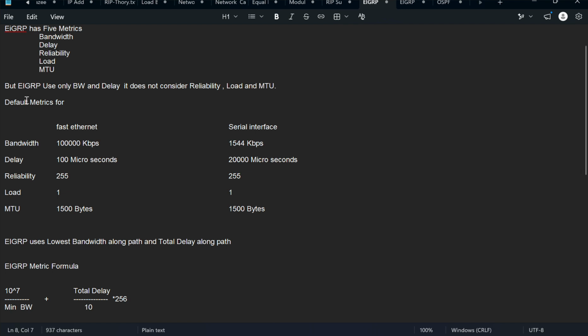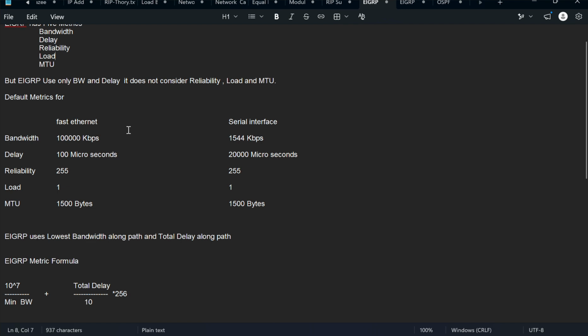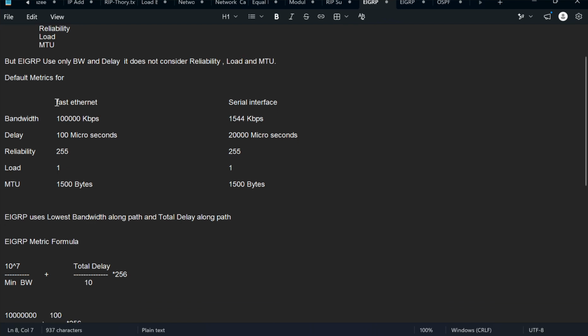So here there are some default bandwidth and delay values. These default bandwidth and delay depend on interface type. For Fast Ethernet, the default bandwidth is 100,000 kilobits, 100 Mbps.